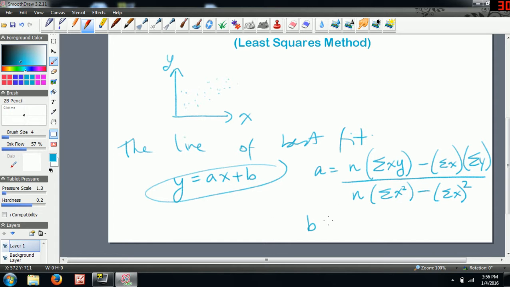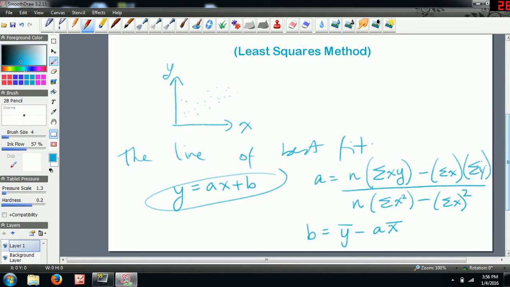And b is given by the average of y minus a times the average of x. So those are the equations you use to find the line of best fit for data or for any scatter plot.